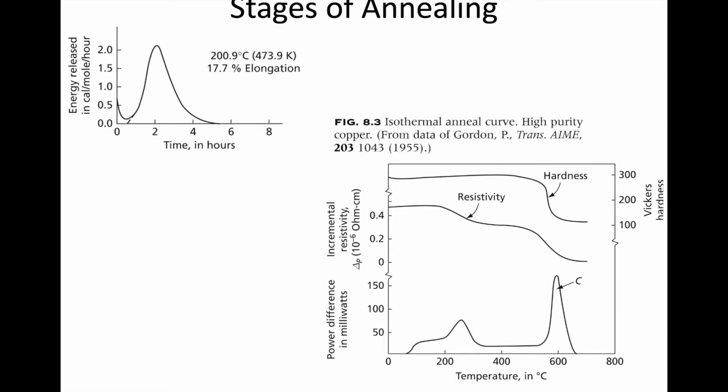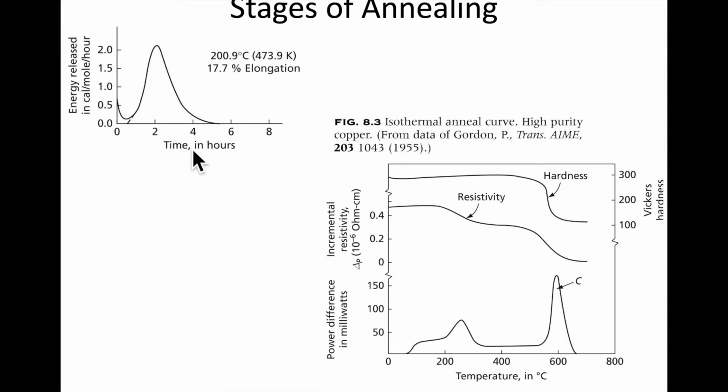All right. And so this graph up here is actually taken from calorimetry. So it's energy released as a function of time at a specific temperature and reduction, right? And so it shows a release of energy at a certain time, right?